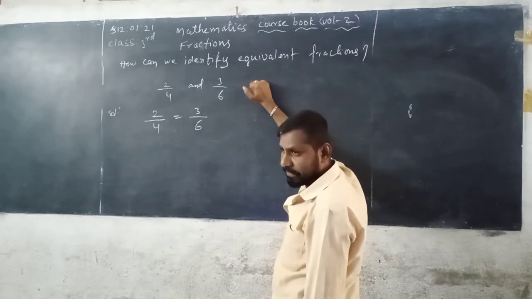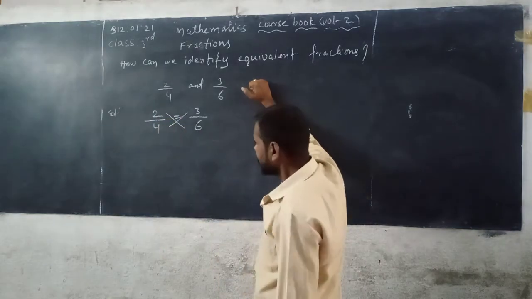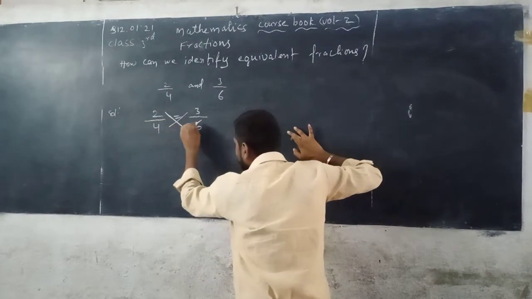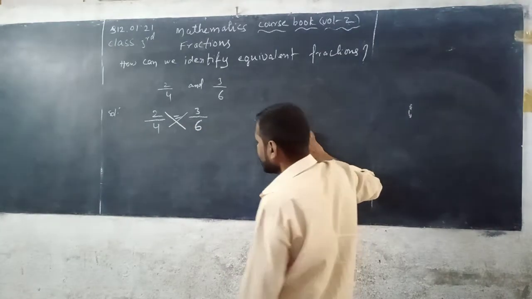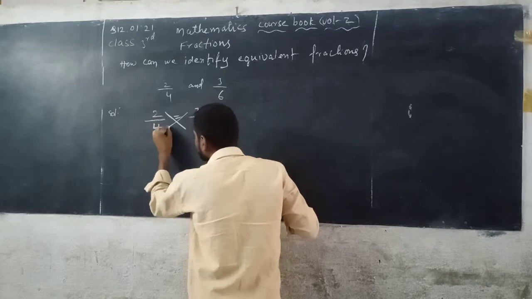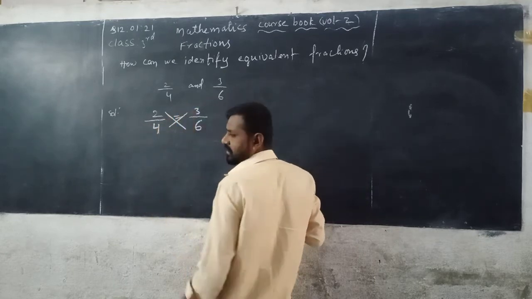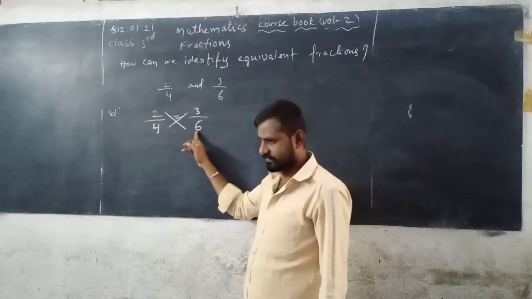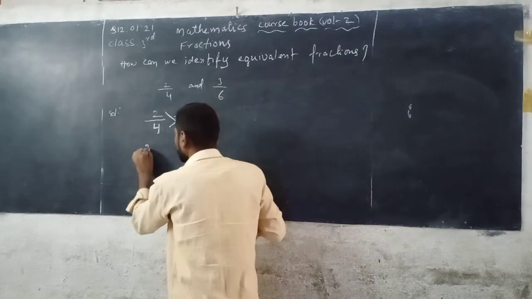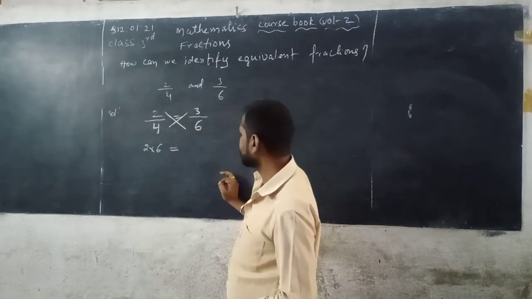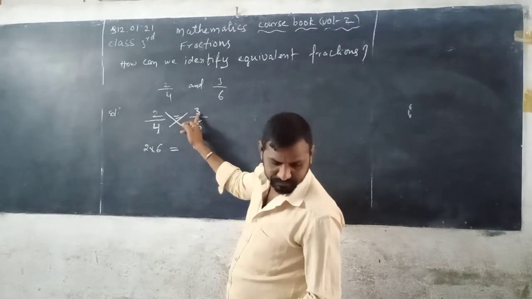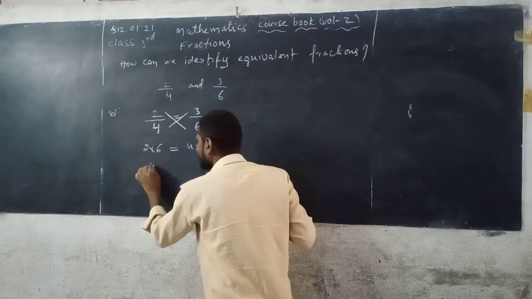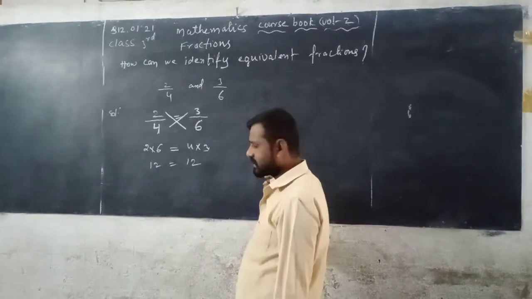By taking cross multiplication, it means the first fraction numerator is multiplied by the second fraction denominator, and also the first fraction denominator 4 is multiplied by the second fraction numerator. 2 into 6 equals 4 into 3. 2 6s are 12, 4 3s are 12. What do we get? 12 equals 12.